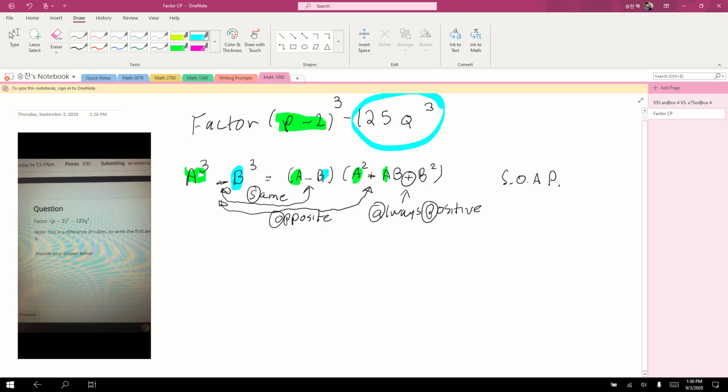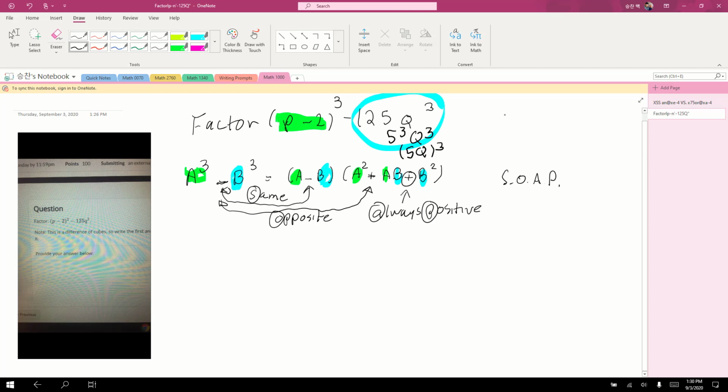So B, I can rewrite the 125q to the third, since 125 is 5 to the third, as 5 cubed q cubed, or just the quantity of 5q to the third.